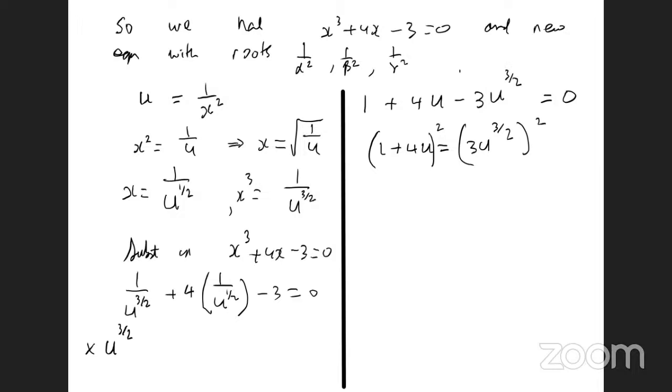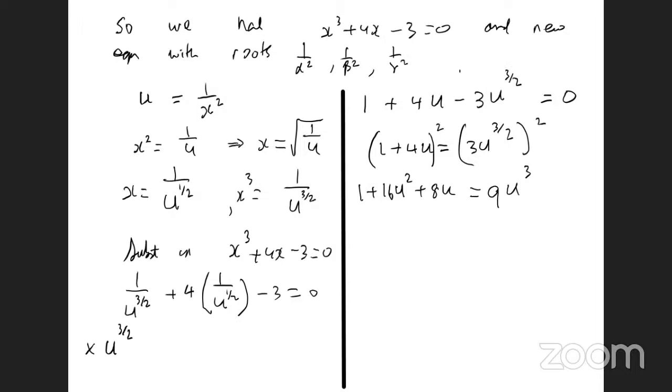So here I'll get 1 plus 16u squared plus 8u. That's when I expanded the bracket there. Is equal to, I'm going to square the right hand side, and I will get 9u cubed. Everybody okay with that?